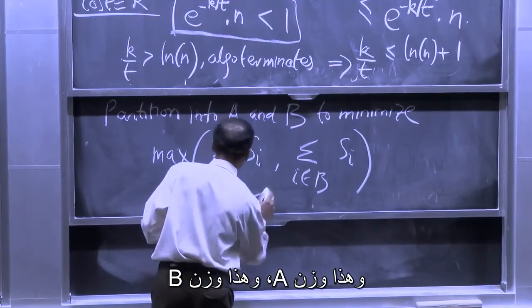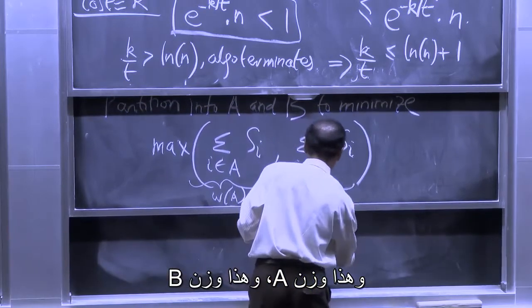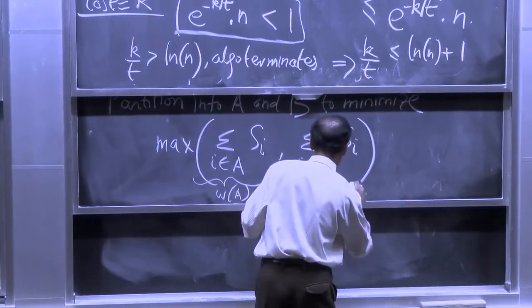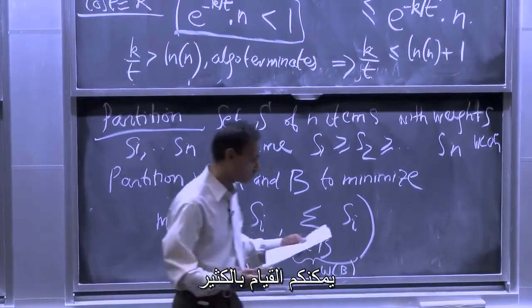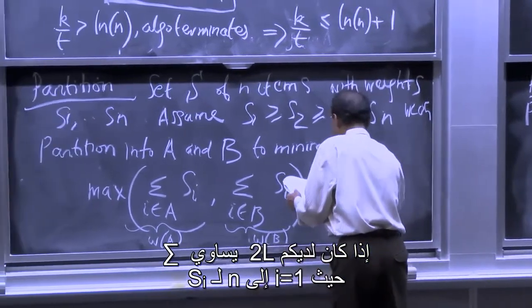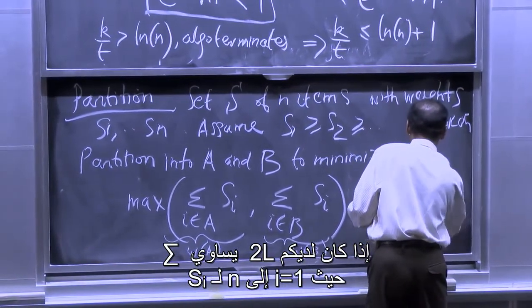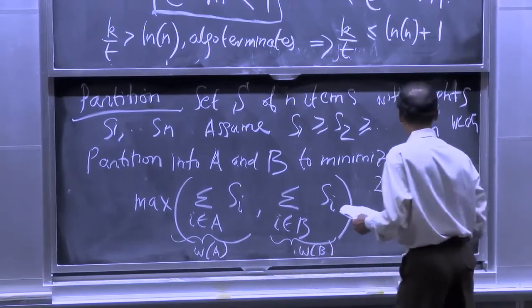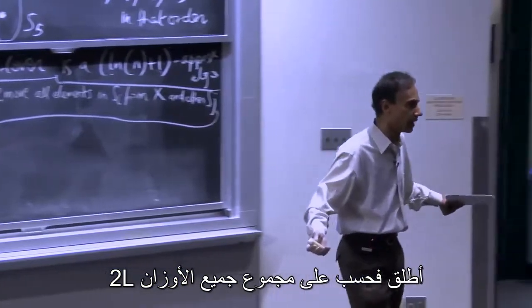This is the weight of A, and this is the weight of B. And so there's only so much you can do. If you have 2L equals the sum from i equals 1 through n of Si, so I'm just calling that 2L, the sum of all the weights.